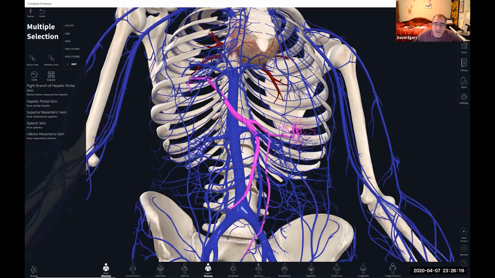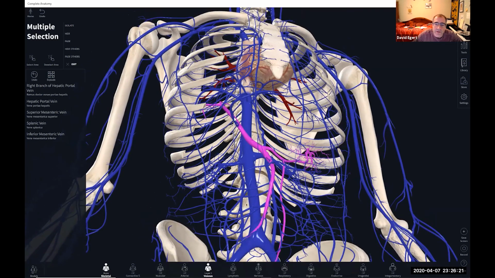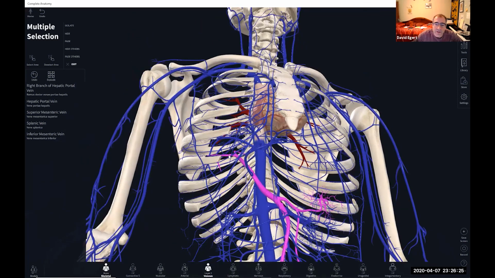This pink thing I just drew is the hepatic portal vein, and then it goes into the liver. So you see it's not going back to the vena cava, it's going into a second capillary bed here. And this thing here is the hepatic vein. So in between these two is the second capillary bed where the nutrients that are absorbed from the blood are being processed. So if that makes sense.